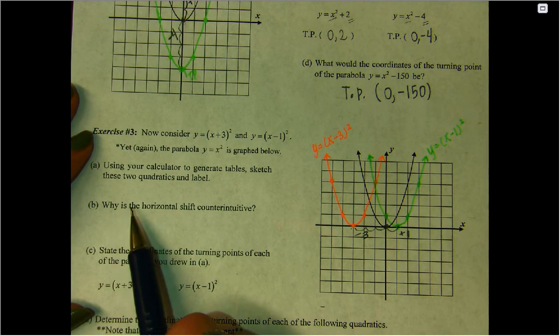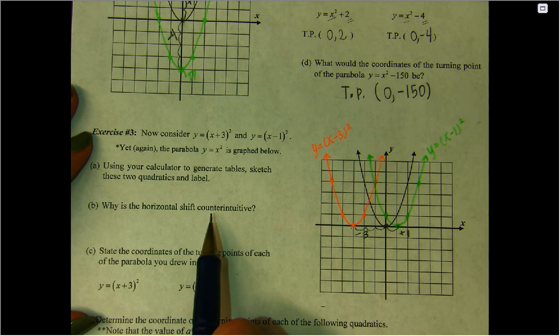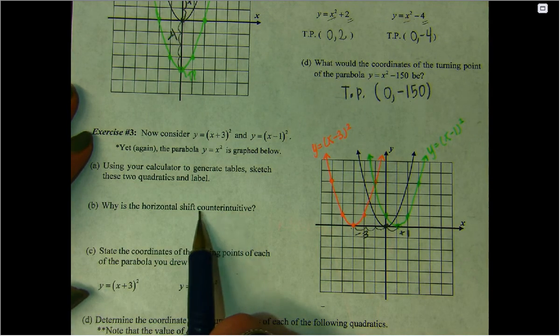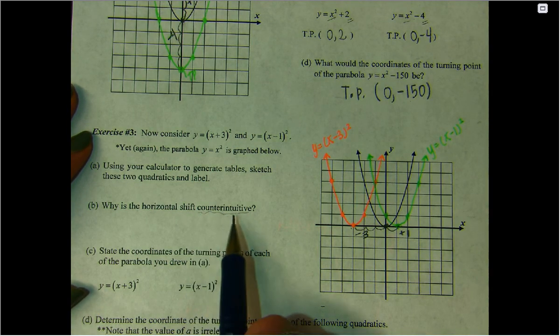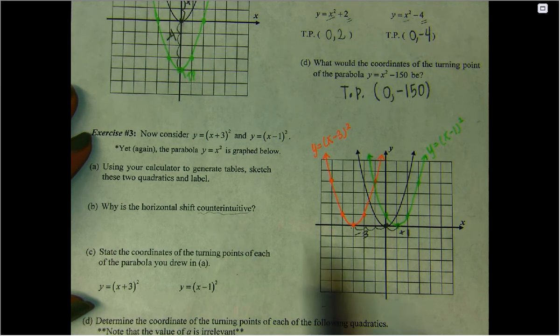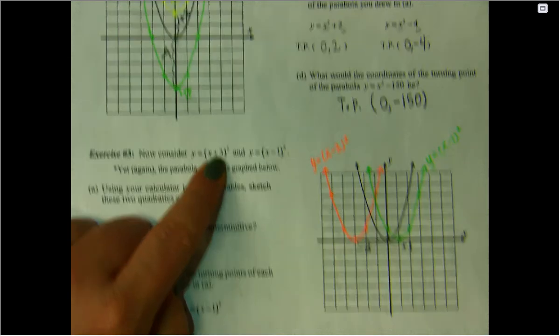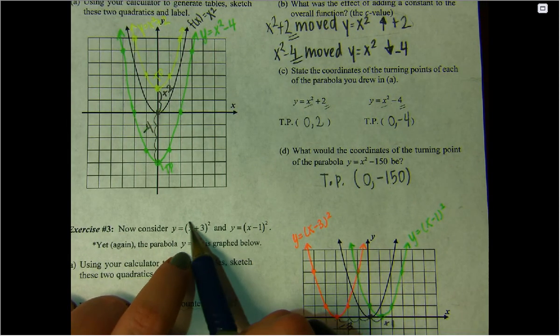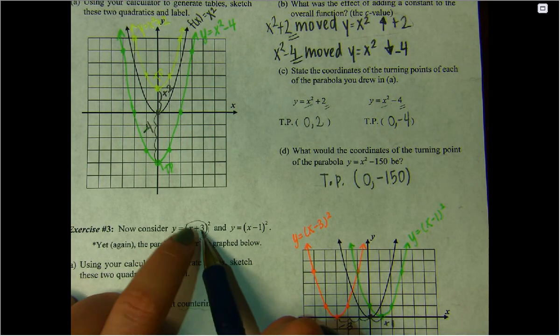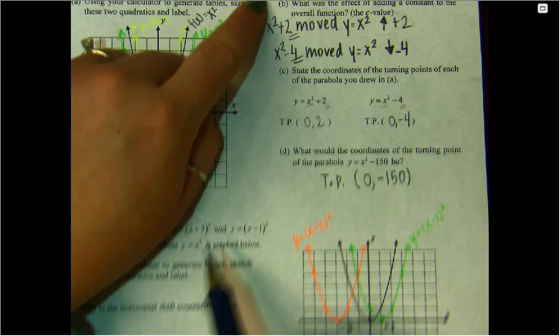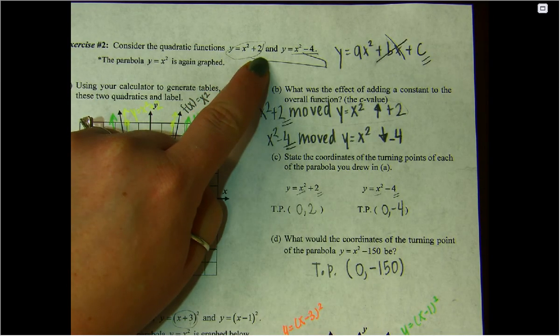So why is horizontal shift counterintuitive? That means that it goes against what you really think it's going to do. I know it's a horizontal shift because horizontal shifts happen when you connect it onto the x. Vertical shifts happen when you connect it on the outside of the x.